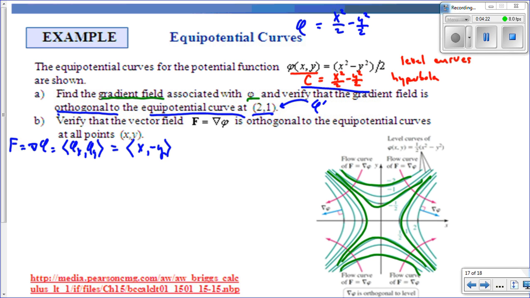So phi at 2, 1 would be 4 minus 1 over 2, which is 3/2. So it doesn't make a whole lot of difference, but the particular level curve at 2, 1 would be x squared over 2 minus y squared over 2 equal to 3/2.